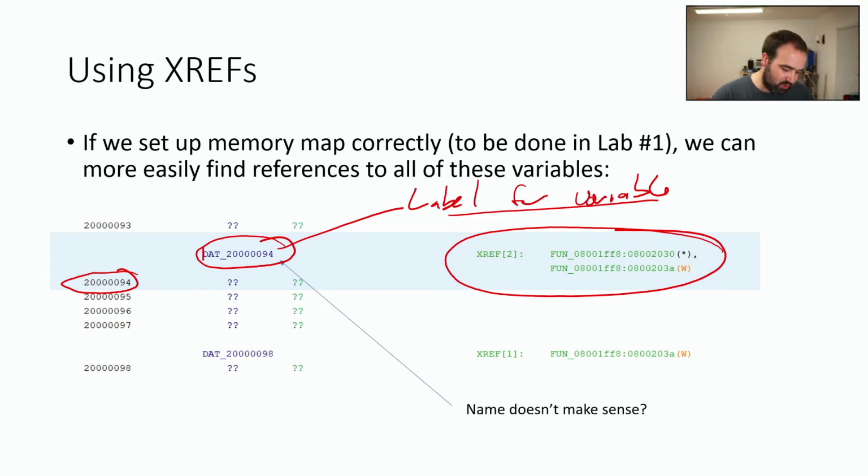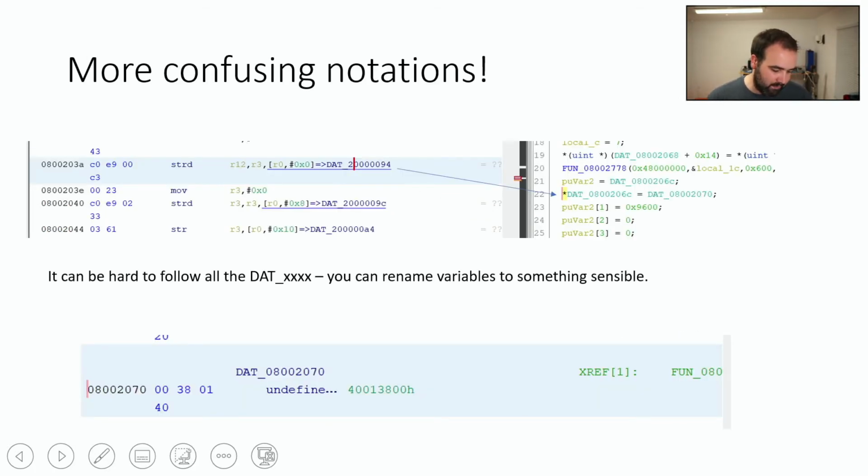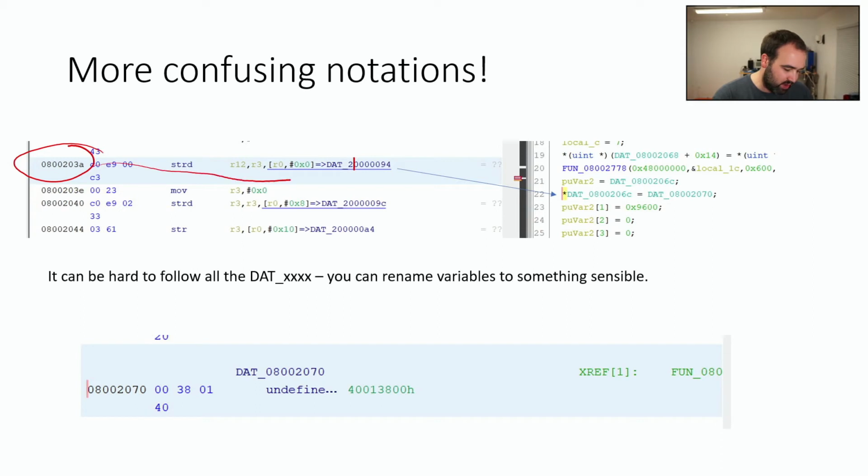So what we're going to do is look at these functions here. These are new functions. If we look at those functions, we'll see something like this. This is in that function, right? And we have that dat. Again, this is the thing that's of interest to us.